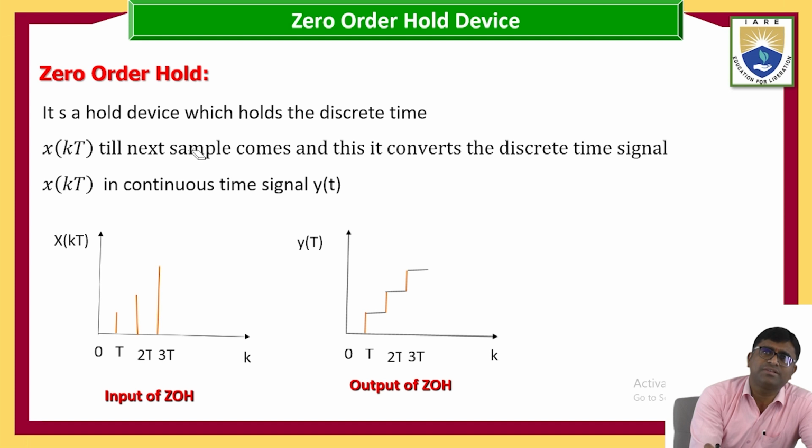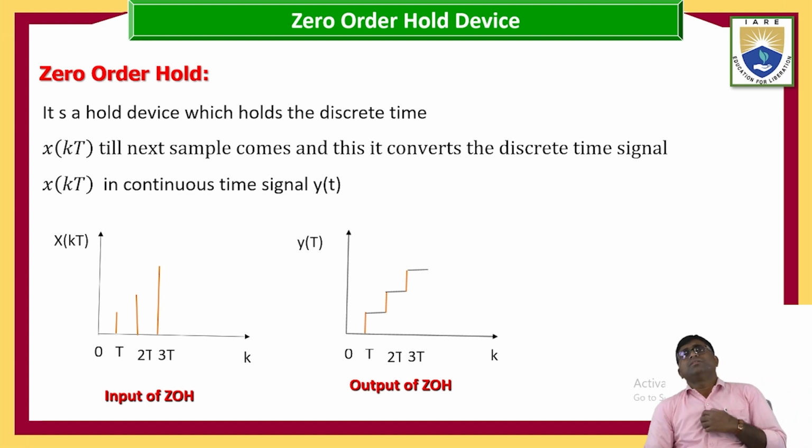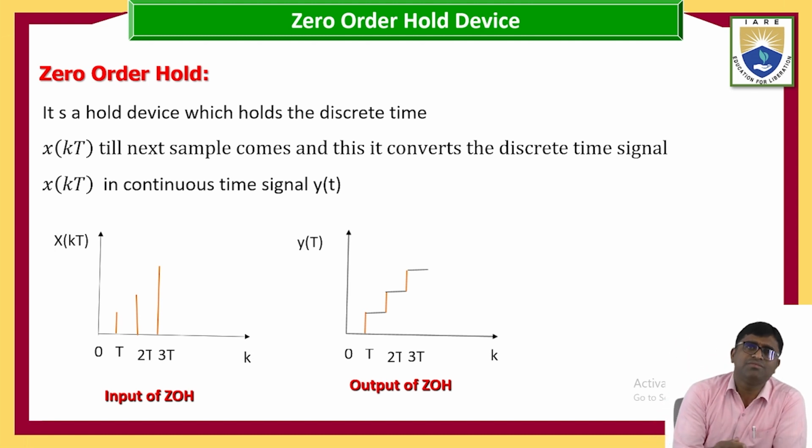It is a device which holds the discrete time signal. This will hold the discrete time signal till the next sample comes, and this is converted into continuous time signals.